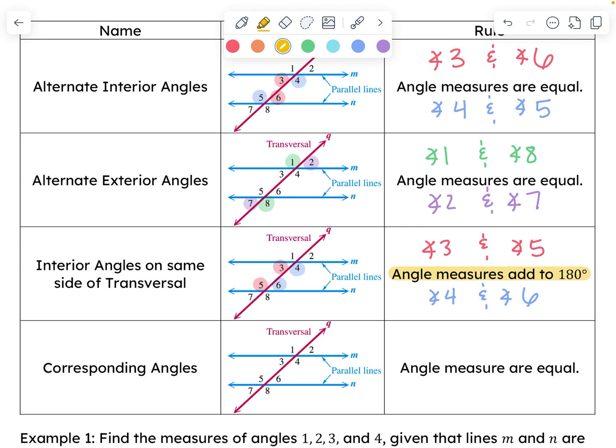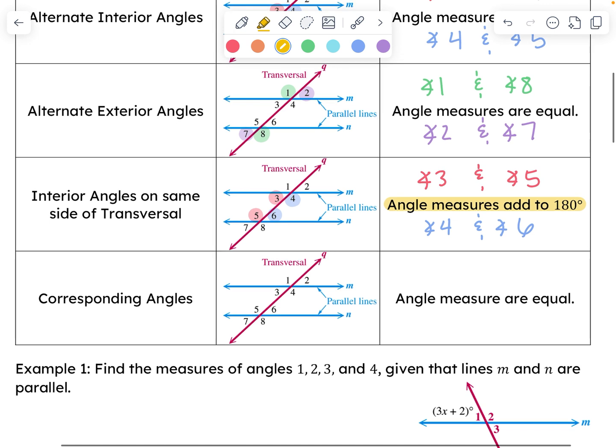And then the last angle relationship that we're going to look at in our table is corresponding angles. We actually have 4 sets of corresponding angles in our picture here. First would be 1 and 5. Corresponding angles means that they're in the same spots from one parallel line to the other parallel line.